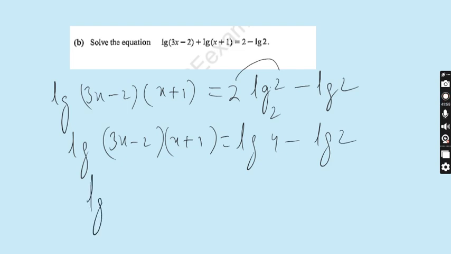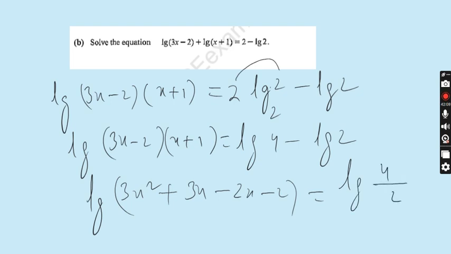multiply 3x into x is 3x square, 3x into 1 is 3x, negative 2x, negative 2 is equal to, write log 4 upon 2.